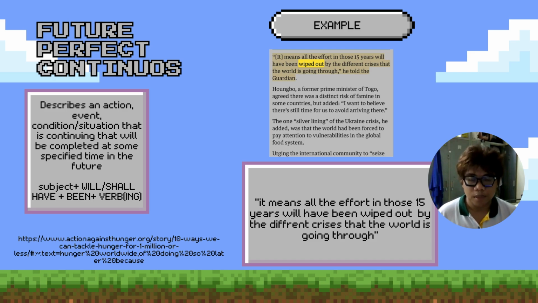In the slide example, "all the effort in those 15 years will have been wiped out." The subject in the example is "all the effort in those 15 years," "will have been" acts as a future perfect continuous marker, and the verb in a passive form is "wiped out." This shows that the effort, which was continued for 15 years, will be completely lost by a future time.